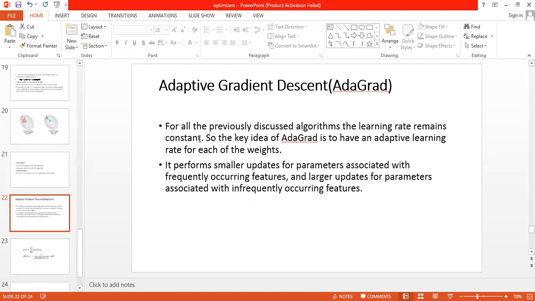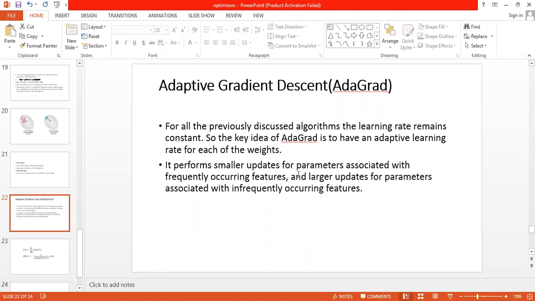Now in this algorithm we are trying to change the learning rate so that the model can use adaptive learning, and it can change the value according to the previous learning rates. And it can automatically change the weights also.